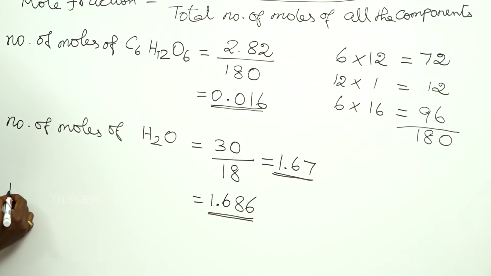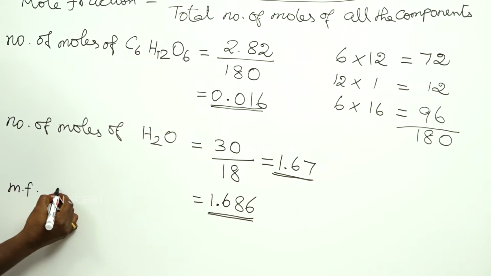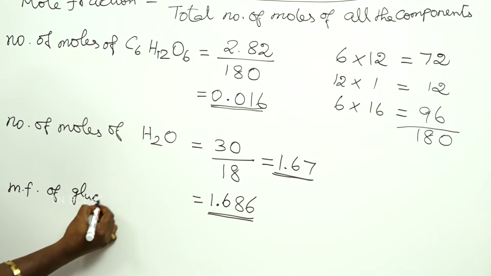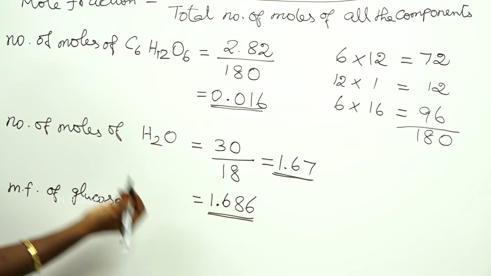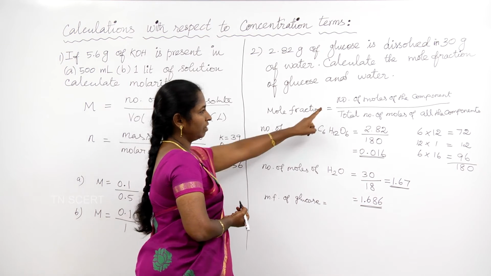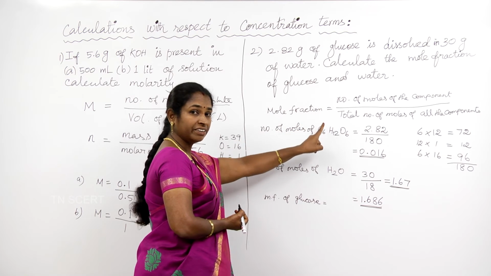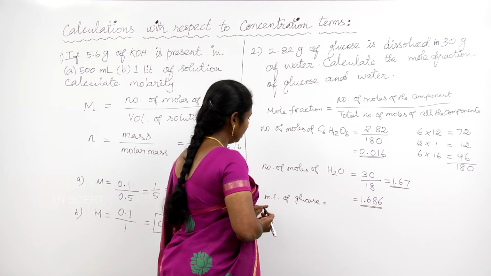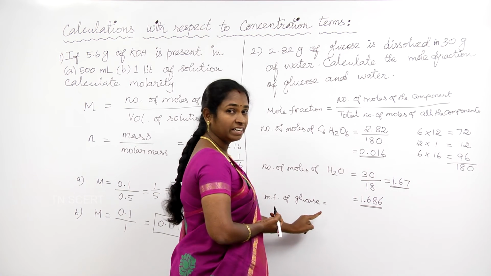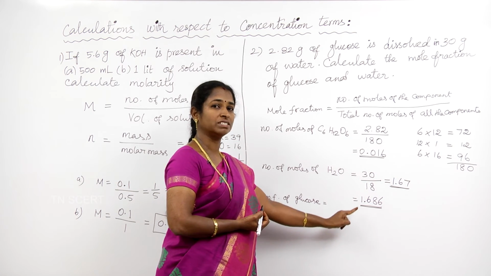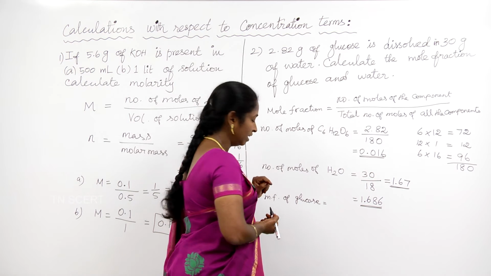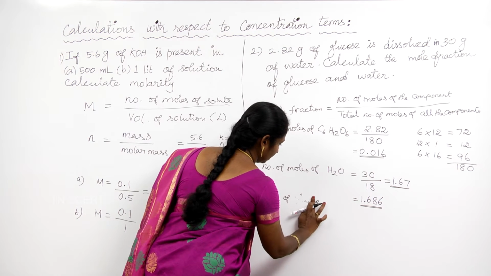Now mole fraction of glucose is equal to number of moles of glucose divided by total number of moles. Similarly, mole fraction of water is equal to number of moles of water divided by total number of moles. Let us calculate first for water.